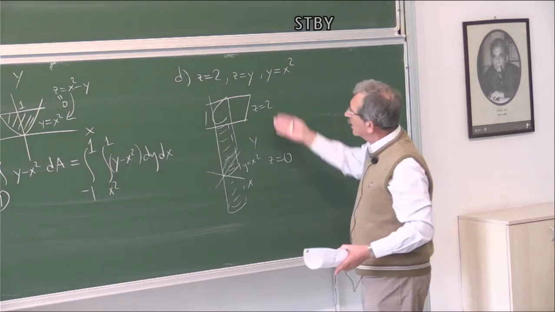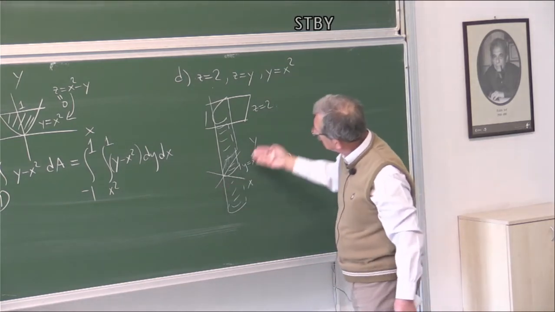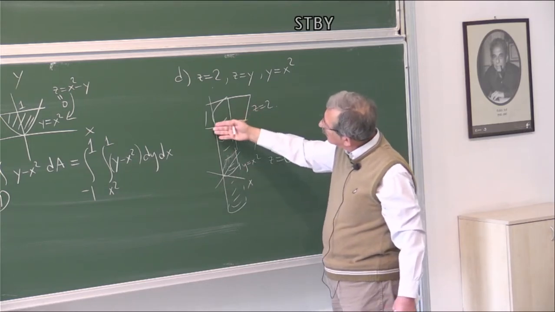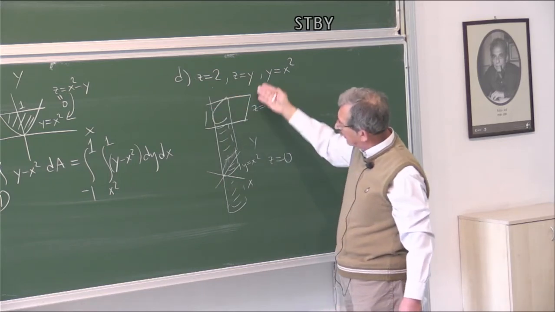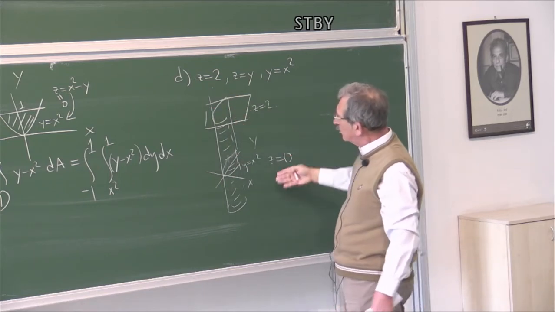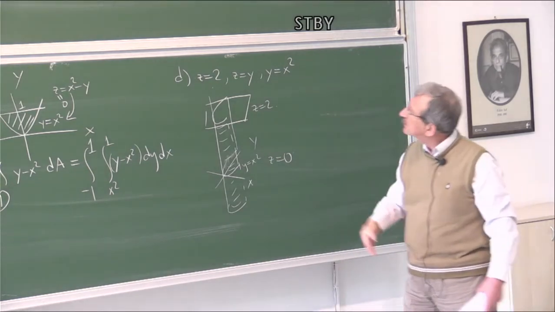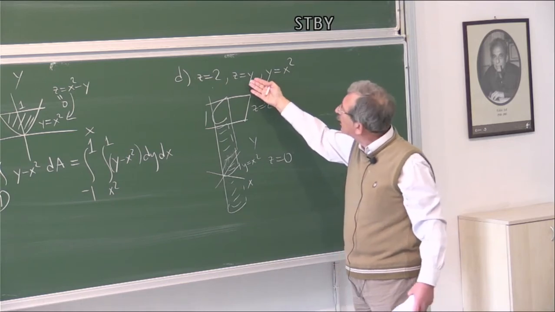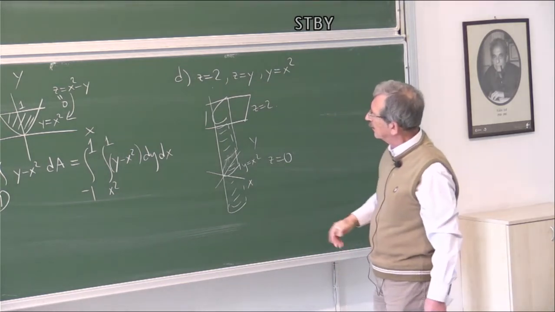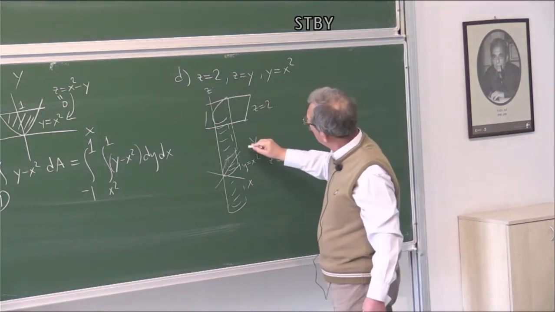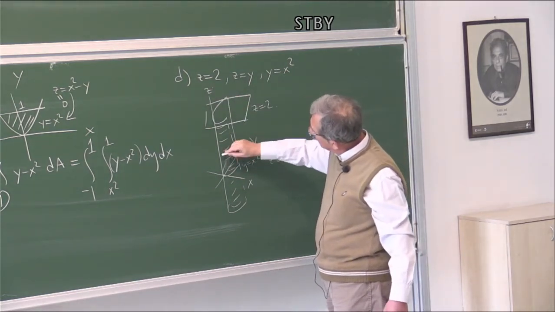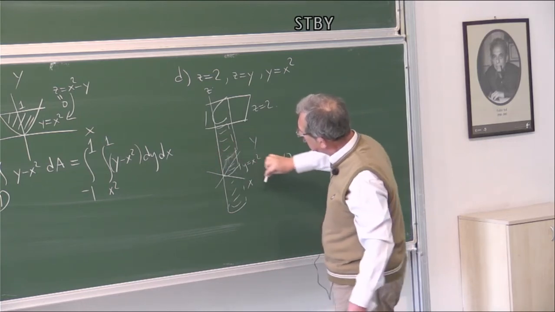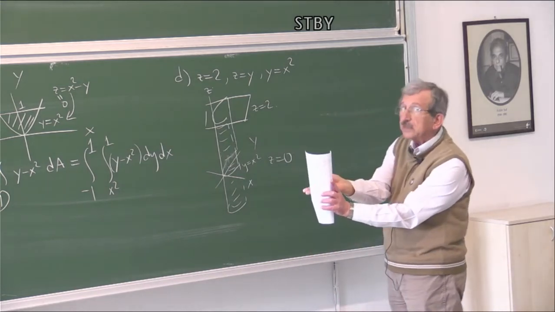So if we cut it like this, that means, of course, in the zy plane, we have a line, and we extend it along the x-axis. But this is precisely what z equal to y is. It extends along the x-axis. So in the zy plane, we have a curve and we move it along the x-axis. It cuts this exactly in a slanted way.